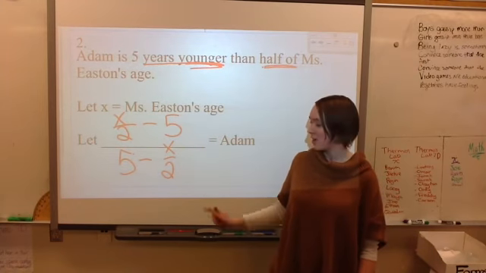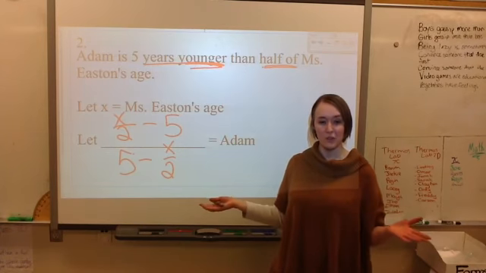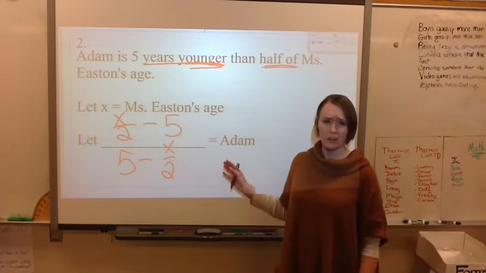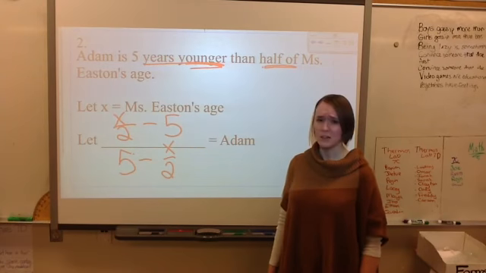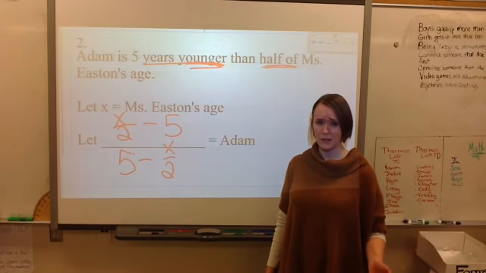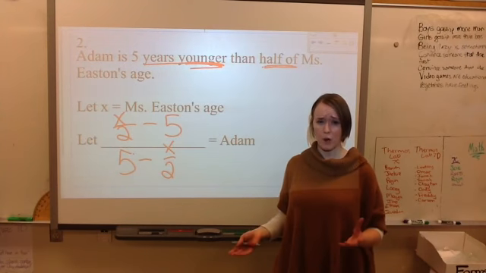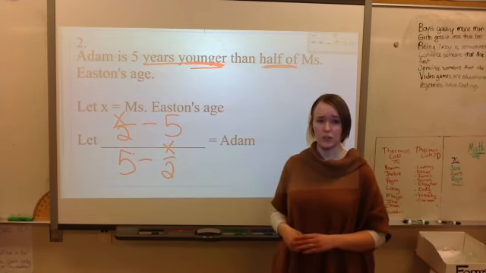So if we did 5 minus 21, that would be a negative answer, and that wouldn't make any sense. So one of the last steps in this process is to make sure that your answer makes sense. If it doesn't, you have to switch it around and make sure that you remember that subtraction only goes in one direction.